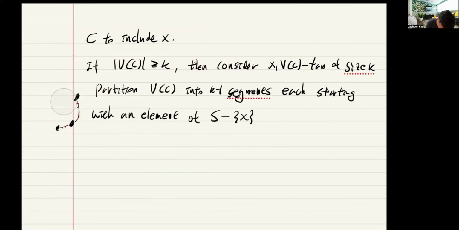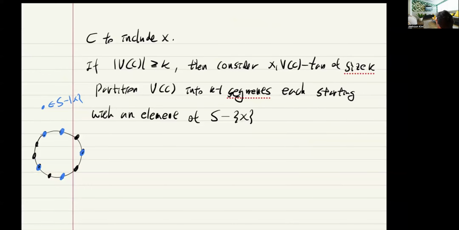Say you have this cycle, and the blue ones are the ones in S. We take this one vertex, these two vertices, these three vertices as a segment. It starts with a vertex in S minus x. You can take either this direction or that direction, but it doesn't really matter.